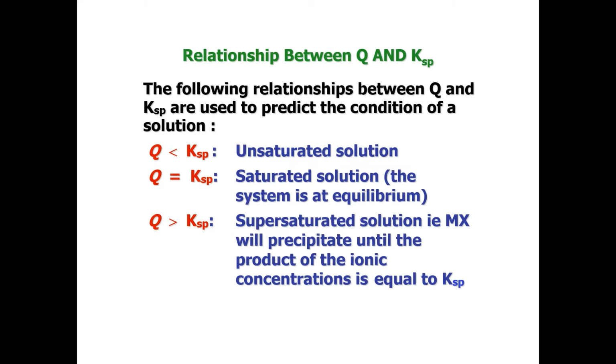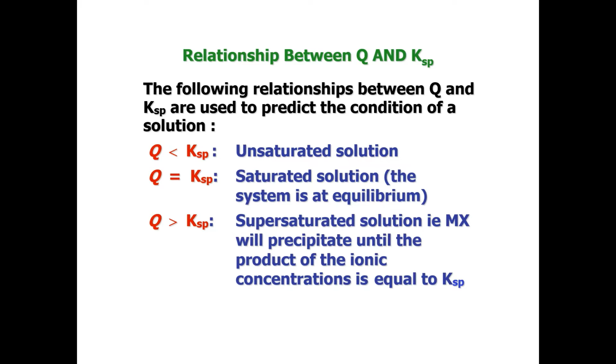Now you compare the value of Q with the value of KSP. If Q is less than KSP, the concentration you start off with is small, so the resulting solution will not be supersaturated, and certainly it won't form any precipitate. It's still unsaturated. When Q equals KSP, it reaches the concentration of saturation.